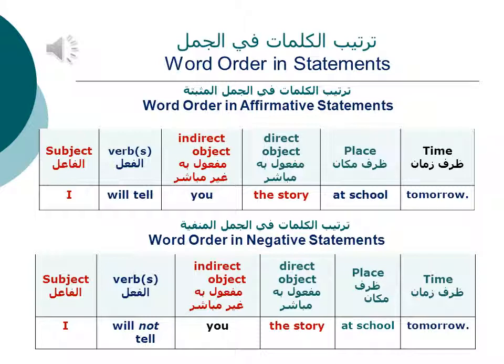Notice that the time can come at the end of a sentence, or it can come at the beginning. So we can say, I will tell you the story at school tomorrow, or tomorrow I will tell you the story at school.